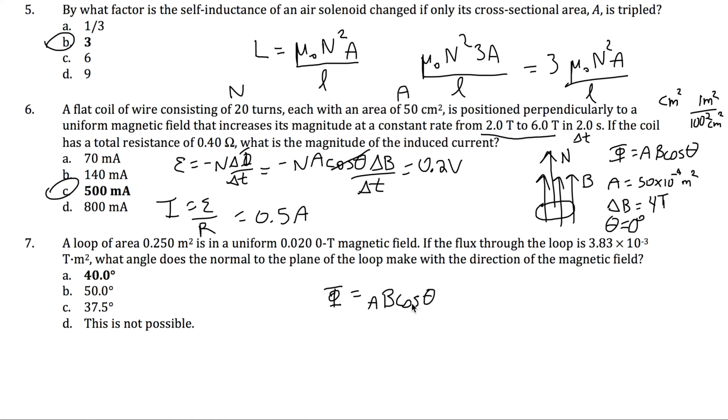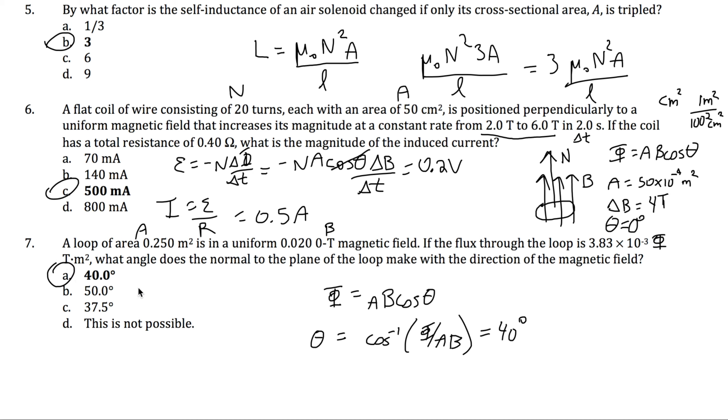So solve for theta, because you're given the flux right here, you're given the area right here, 0.25, and you're given the field right here, 0.02 Teslas. When you solve for theta, you're going to get the inverse cosine of the flux divided by A B. And you're going to get 40 when you do that. And that ends up being the answer.